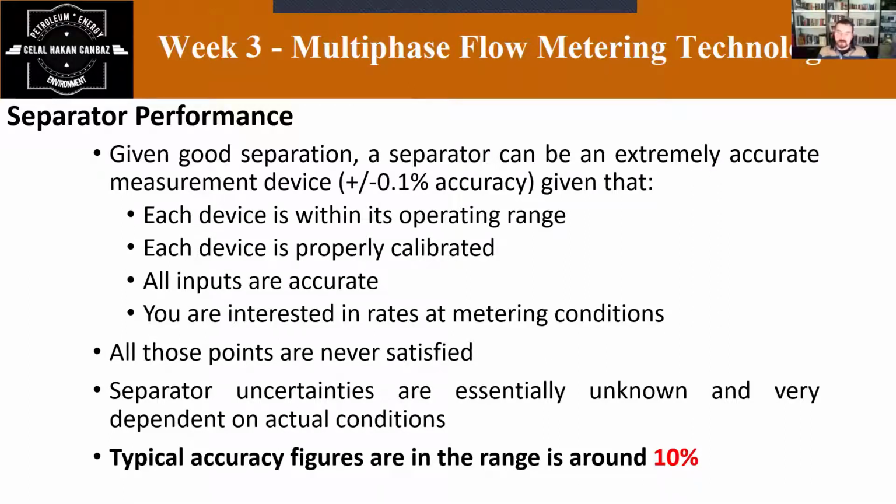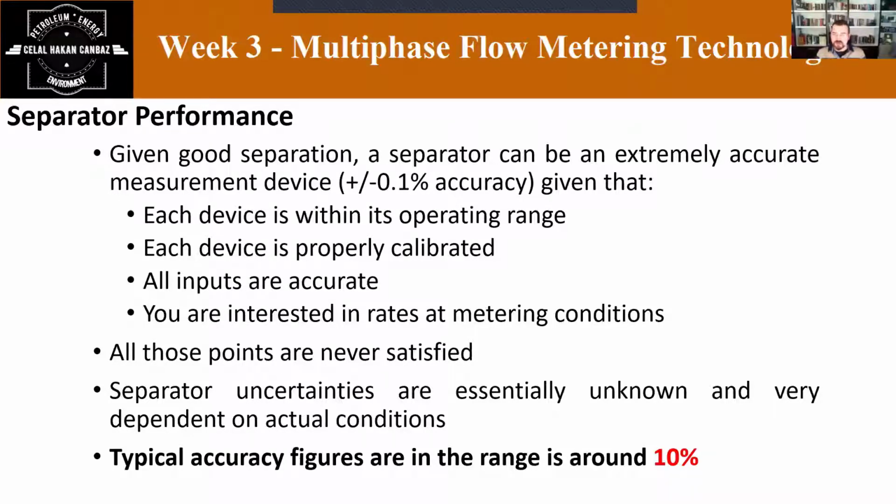In practical applications, this could not be satisfied. It's very hard to satisfy it. I did not see any case like this. So the separator uncertainties are essentially unknown and very dependent on its measuring conditions.